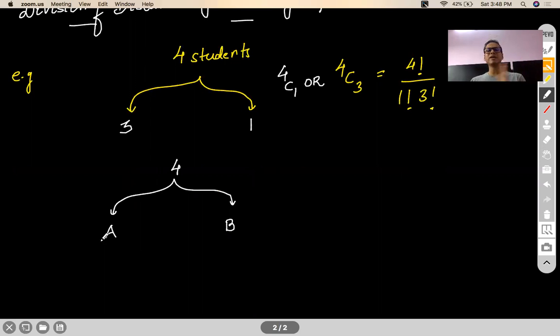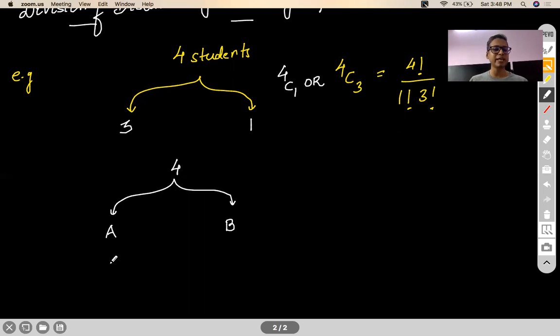So I'm dividing it into 2 groups. And one group should have a strength of 3, other group should have a strength of 1. Now, I'm not saying group B has a strength of 1. I'm saying one group should have a strength of 3, other group should have a strength of 1. How many ways will you do that?